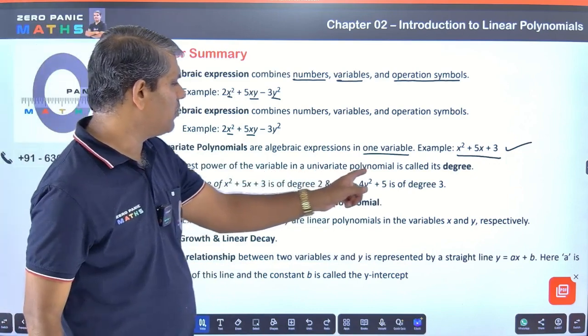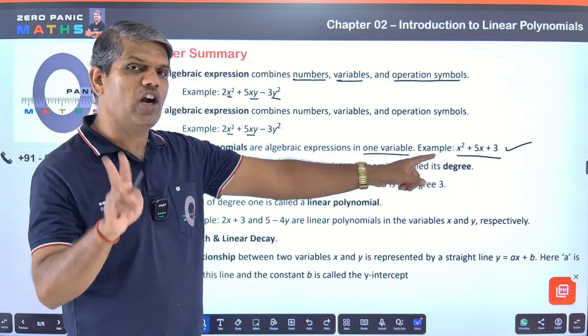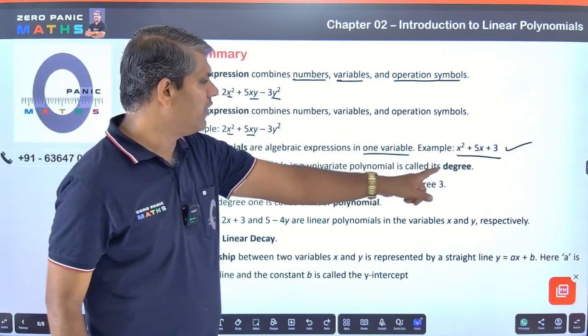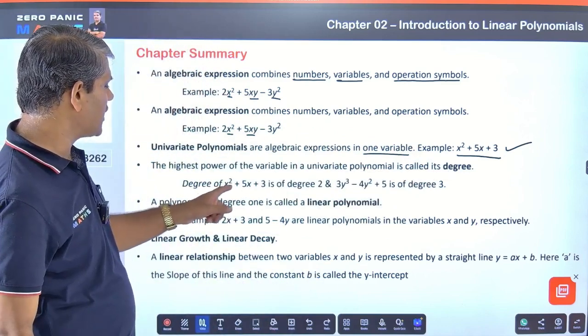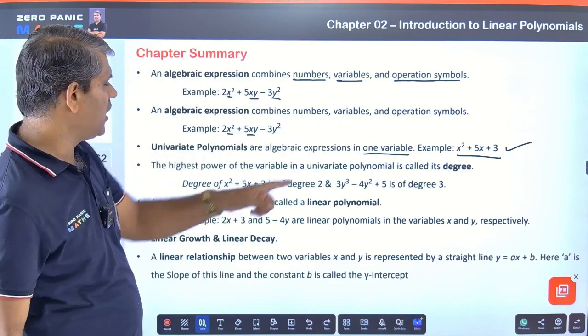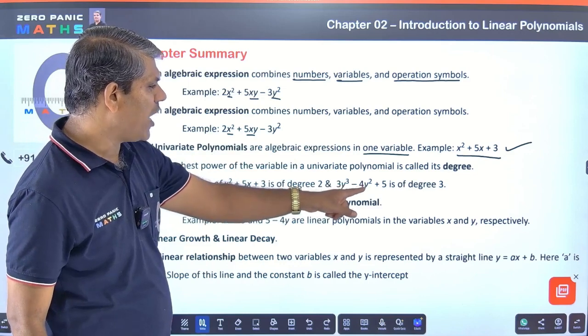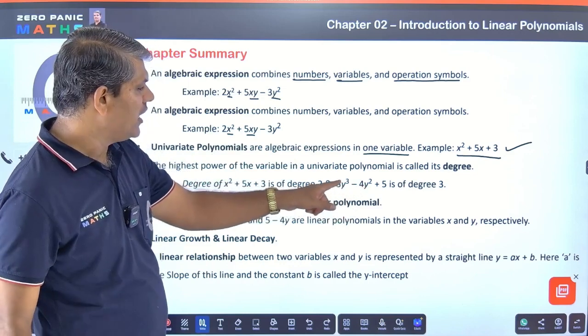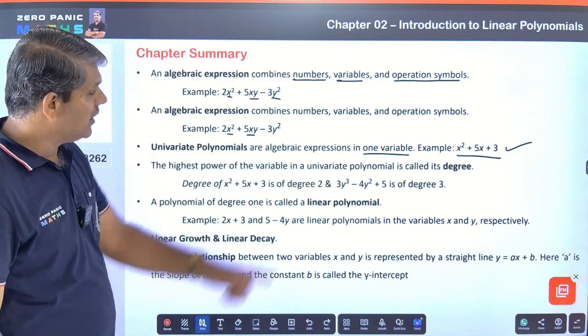The highest power of the variable in a univariate polynomial, specifically in univariate, not in a polynomial with two variables, is called the degree. The example given here is x square plus 5x plus 3, a similar example. The degree is 2, and in this it is a polynomial in y, the degree is 3 here because the highest power of y is 3 in that case.